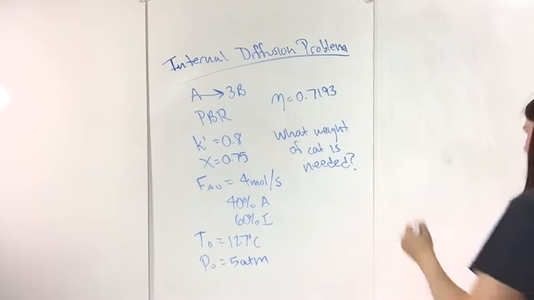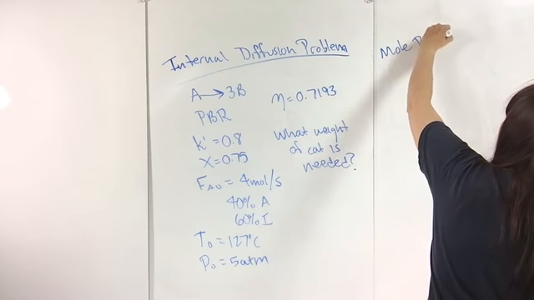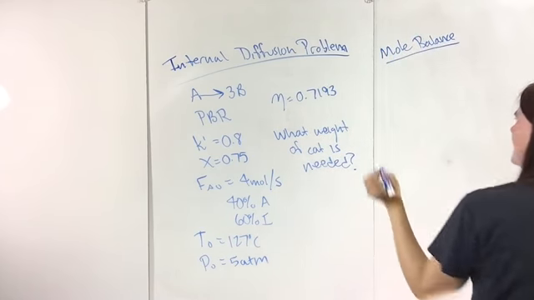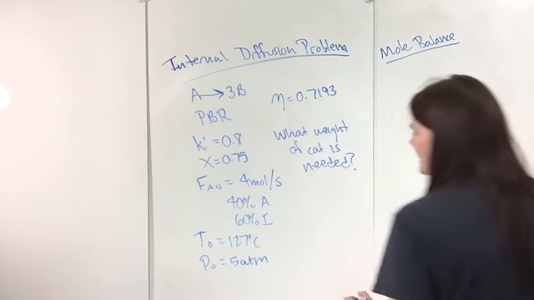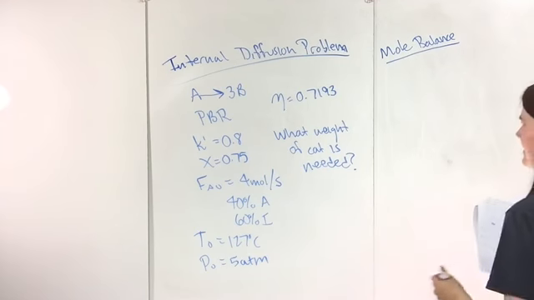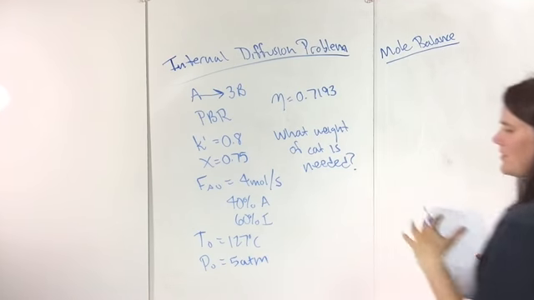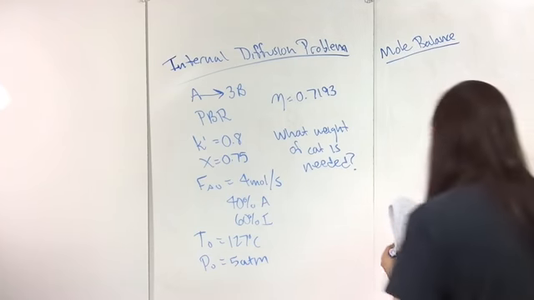So the first thing you want to do is a mole balance. And if you're not given this in the problem, you'll need to calculate that. So review how to calculate that, but I wanted to show you how you apply that into the method we've already been using to solve these problems.